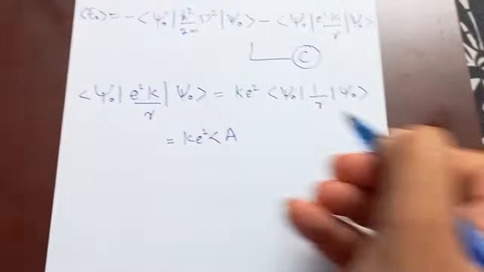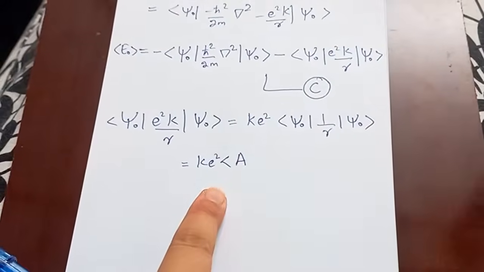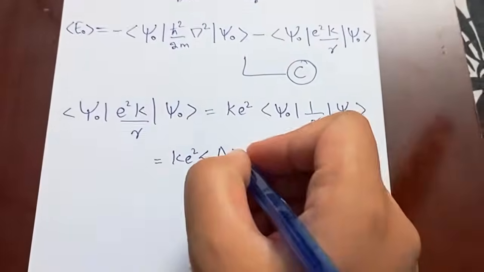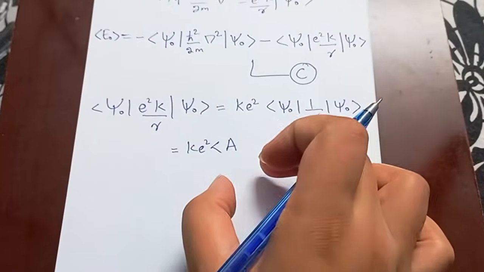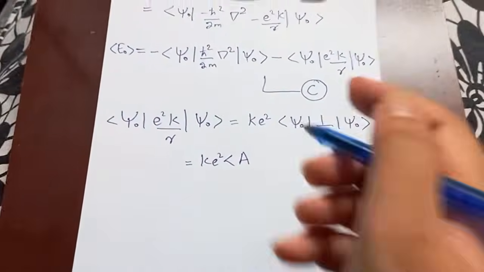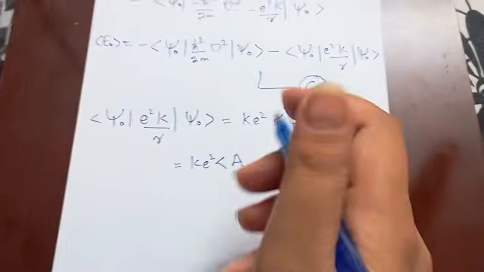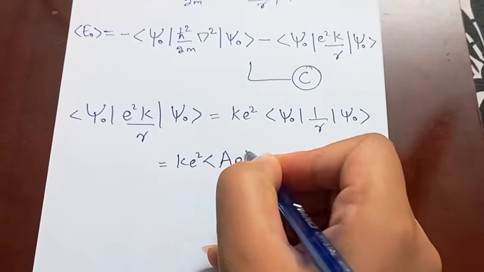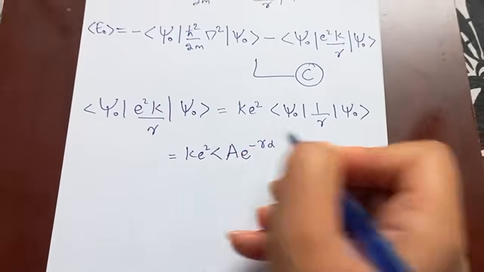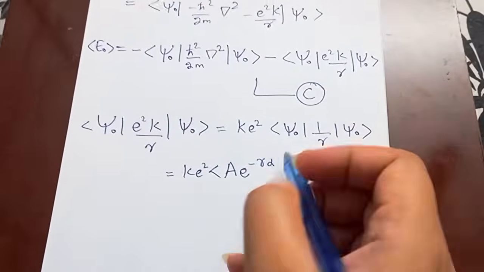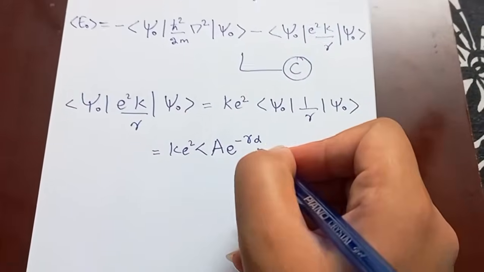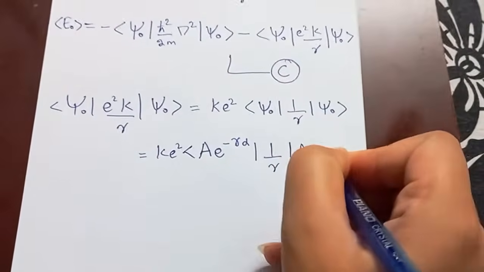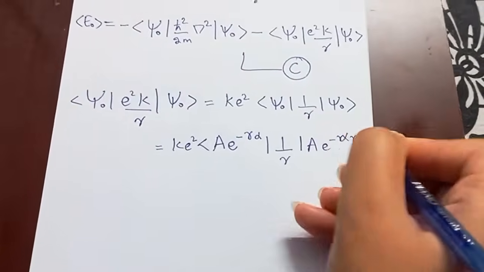It was A. We'll use A here and put its value at the end, for simplification, because otherwise we have to write the same thing again and again. So A e to the power minus alpha r, then we have 1 over r, then A e to the power minus alpha r again.